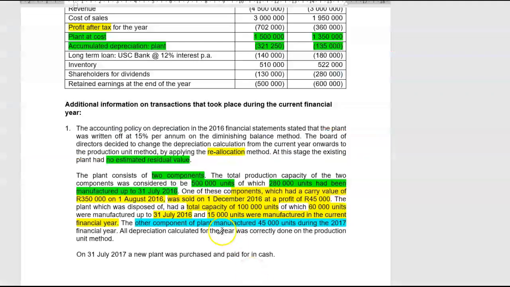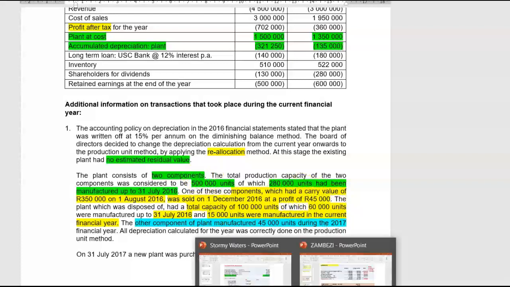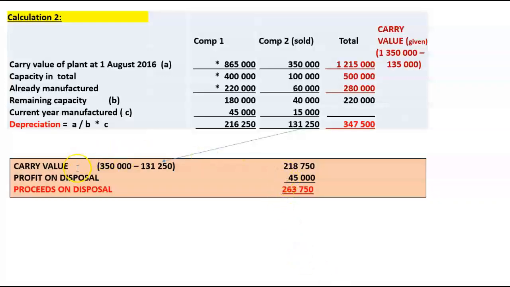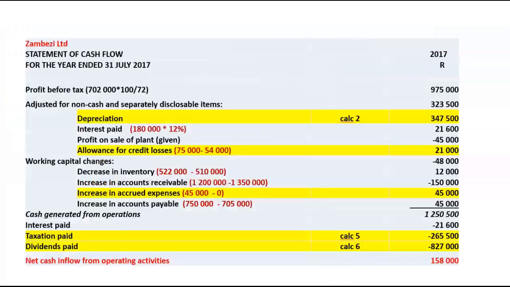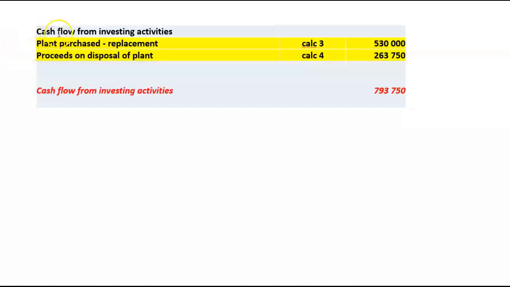The question tells us that we have made a profit of 45,000 Rand when we sold that component. So here's our profit on the disposal, 45,000. So the proceeds on the disposal, 263,750. So our cash flow from investing activities, plant purchased, we don't know what that is as yet.